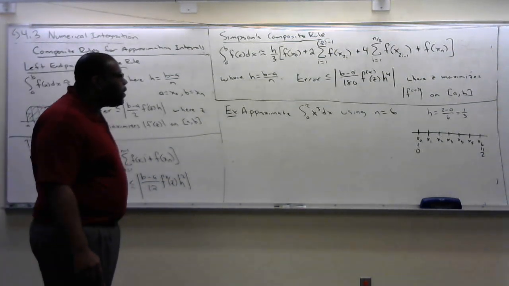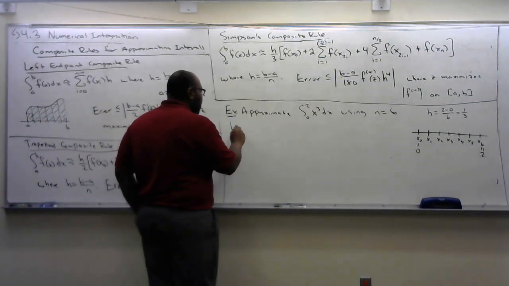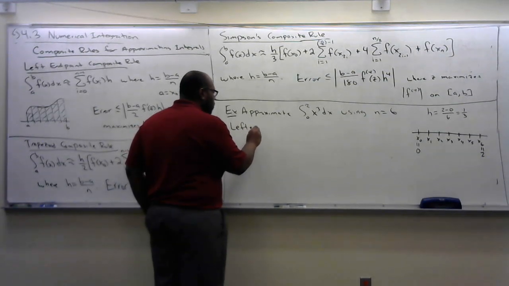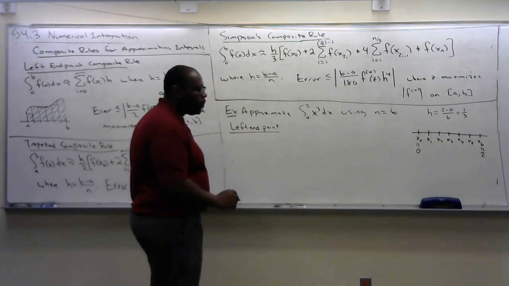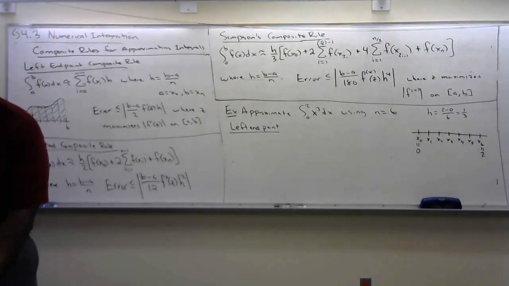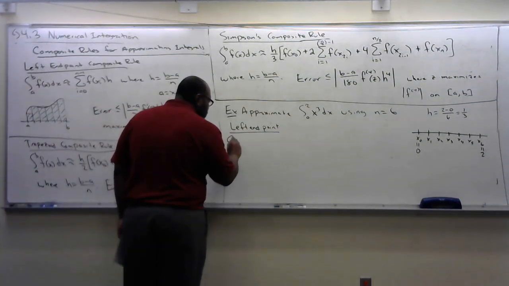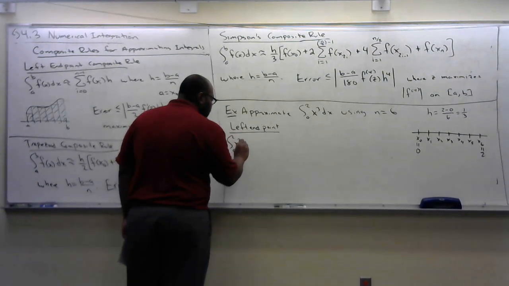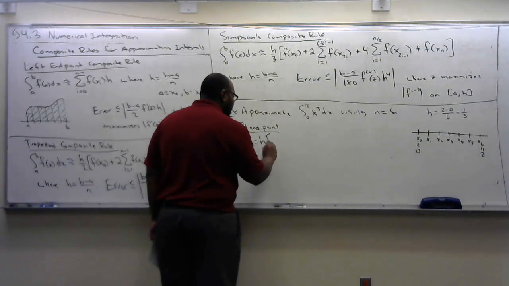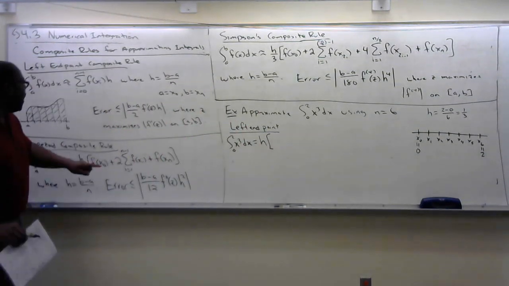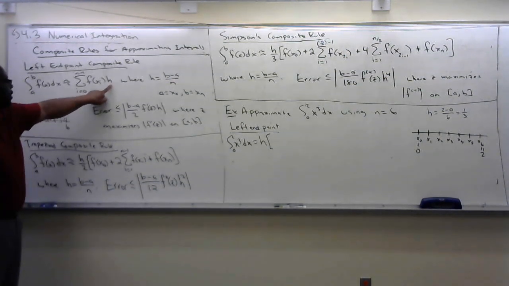All right, so let's look at the left endpoint. I can see that my integral from 0 to 2 of x cubed dx is really just going to be h times the series.